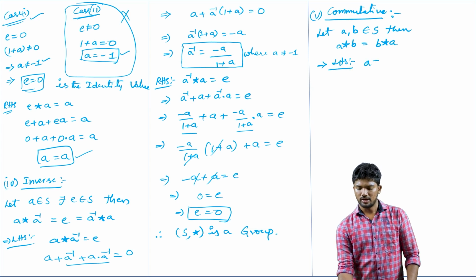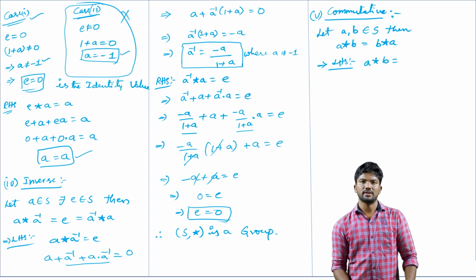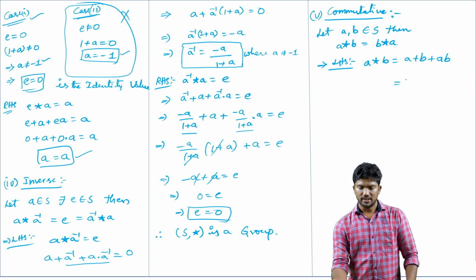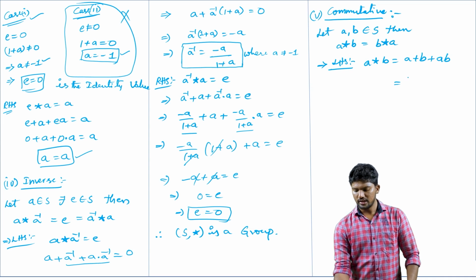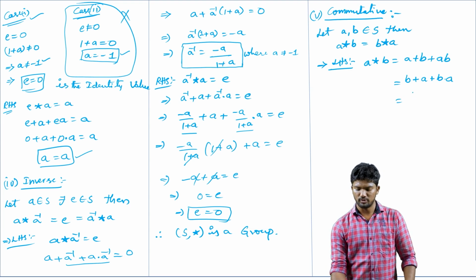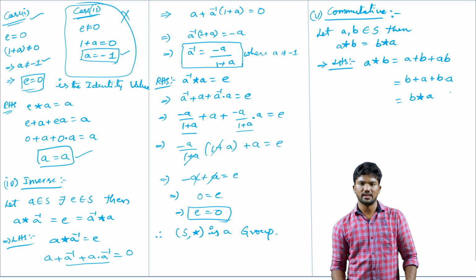Take the LHS value a star b. According to the given condition, what is the a star b value? a + b + ab. Now this value I am writing in the other format: b + a + b·a, and again you can write this as b star a. Why?